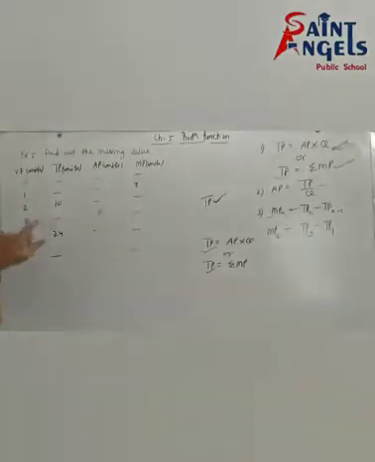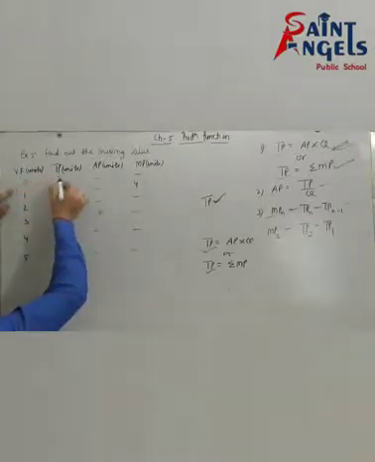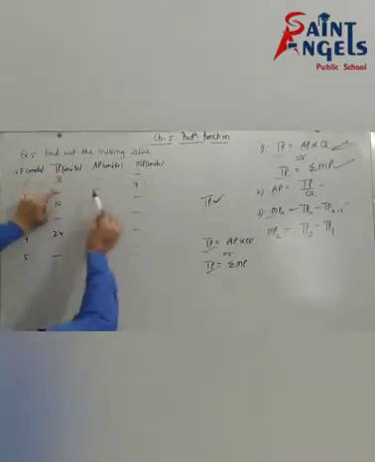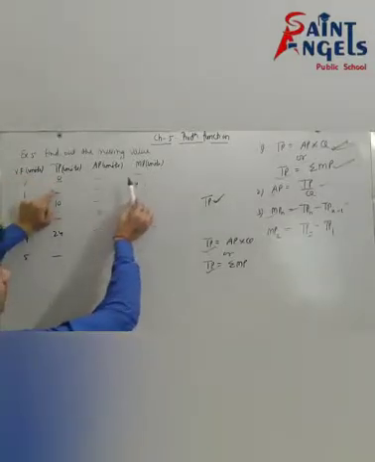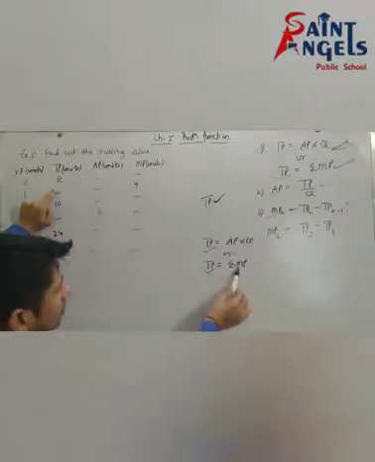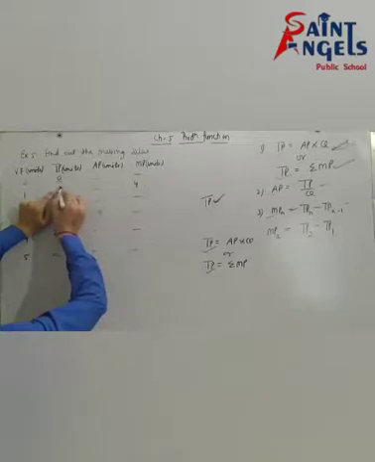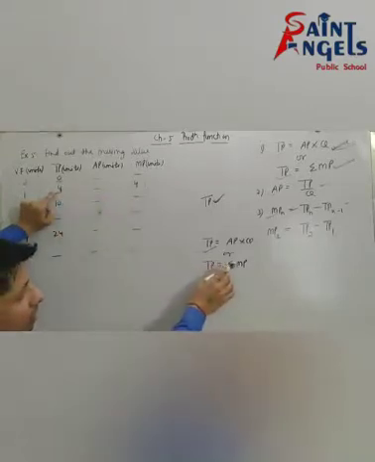See, for this value of TP, TP will be 0 because variable factor is 0. Because variable factor is 0, it means total production will be 0. But for this, value of AP is not given, but value of MP is given, so we will use this formula, TP is equal to sigma MP.